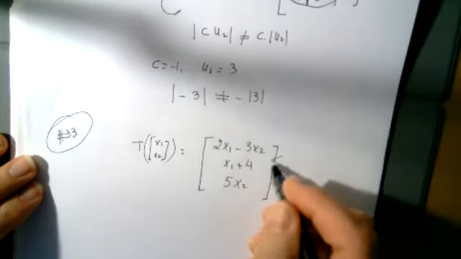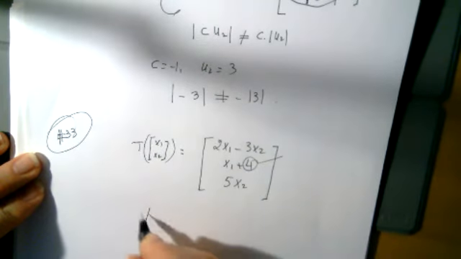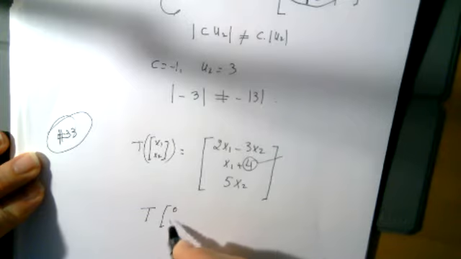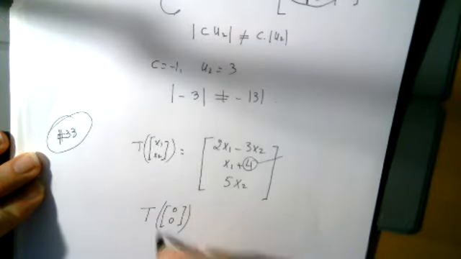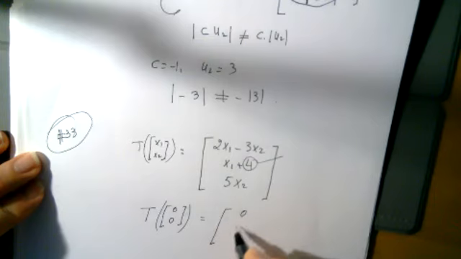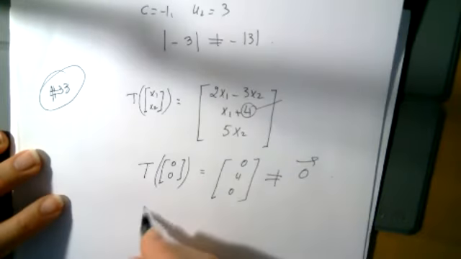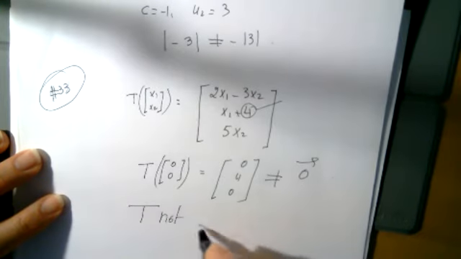And this plus 4 is just staring at us. So T of 0, the 0 vector, the vector that has entries 0, 0, is equal to 0, 4, 0. This is not the 0 vector. T is immediately not linear.